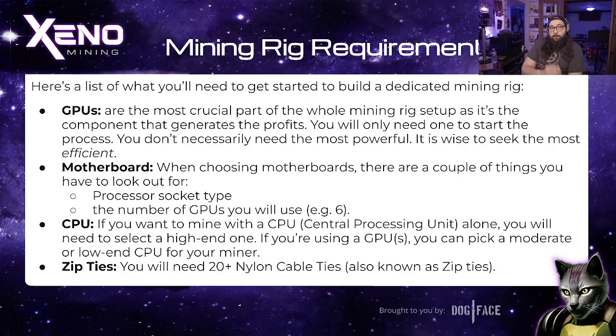But if you're going to be mining on GPUs primarily, you don't necessarily need the fastest CPU. It's only if you decide that you want to have the CPU mine as well, where that becomes more of a concern for you. But if you just want to mine using GPUs, you don't need a very powerful CPU.